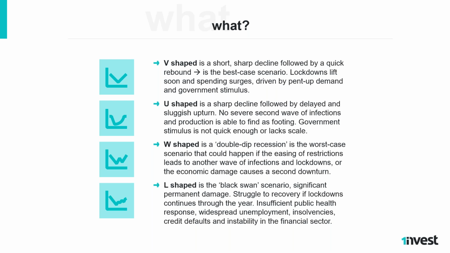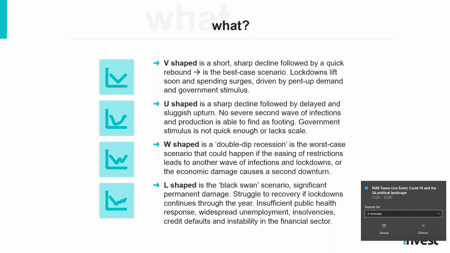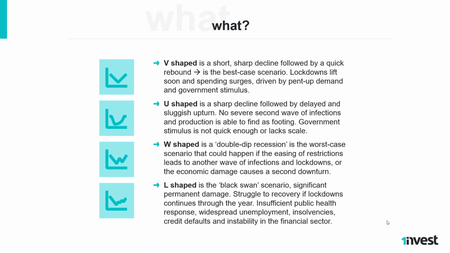So then the next shape we'll discuss is the W shape, which I think is the worst case scenario. It's also known as the double dip recession. So this is where lockdowns cease to exist, and there is a strong second wave of infections coming through, which then pushes us back into a recession.